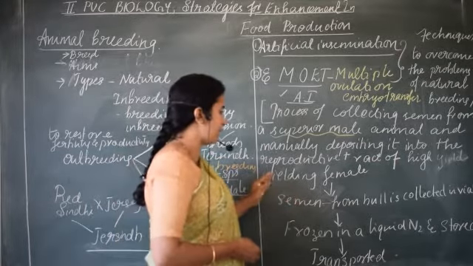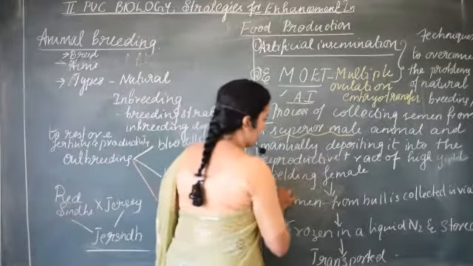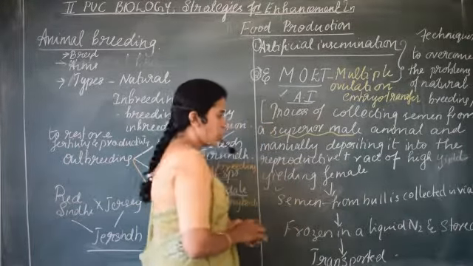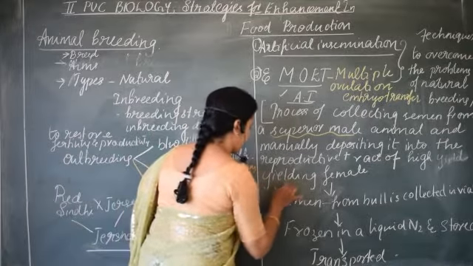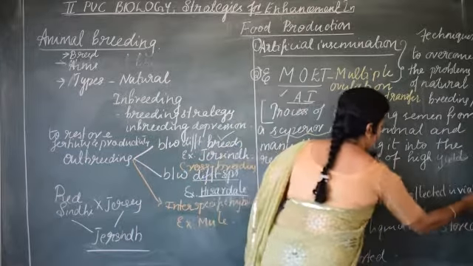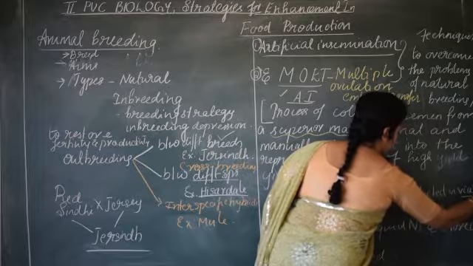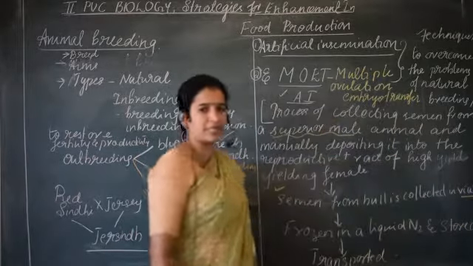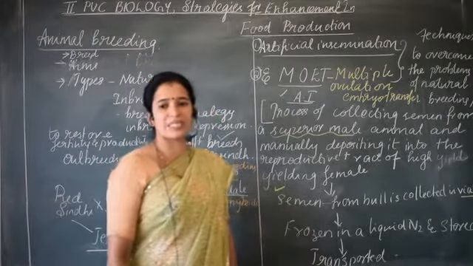So what is done after collecting the semen? The semen from the bull is collected in vials. Usually that bull has the capacity to produce a high amount of semen, which can be collected in vials. Vials means small containers. It is collected in small containers, then frozen in liquid nitrogen and stored.